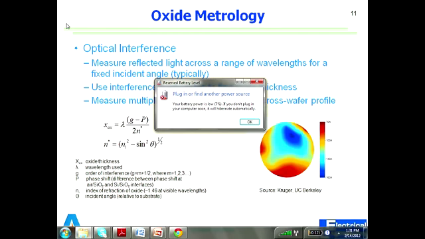Depending upon this thickness, because this is the additional distance that this wave has traveled. This is the additional distance that this wave has traveled, and this additional distance is related to the thickness of the oxide. So the thicker the oxide, the more distance it needs to go. So for first order, second order, third order, we will be having constructive interference, and we will be having destructive interference as well.